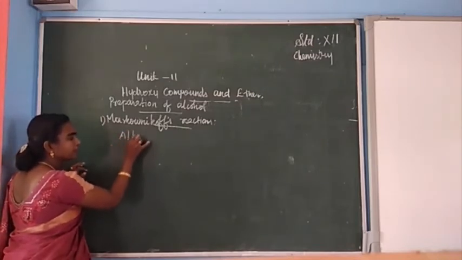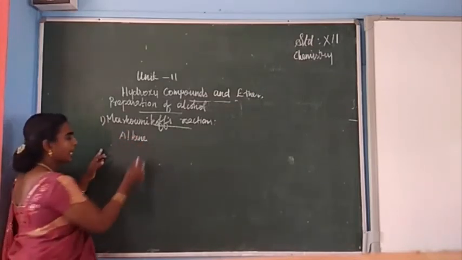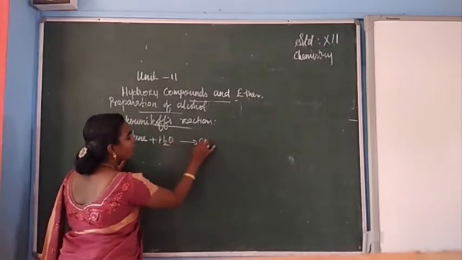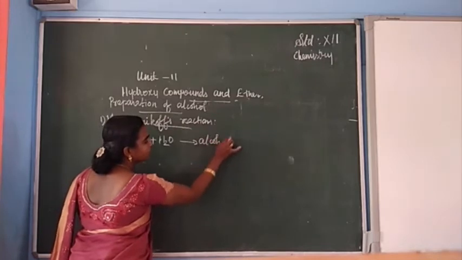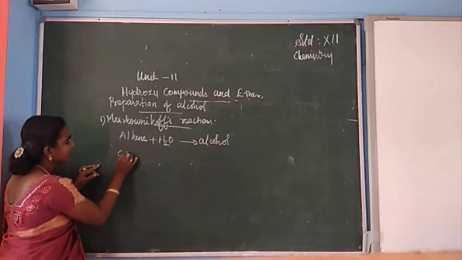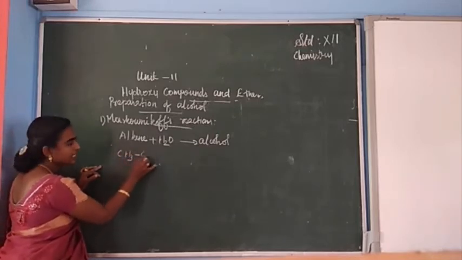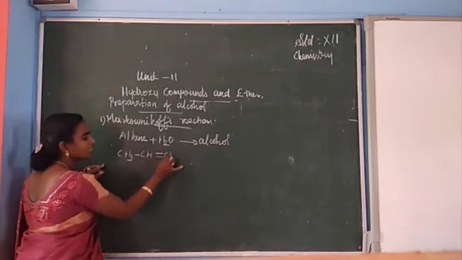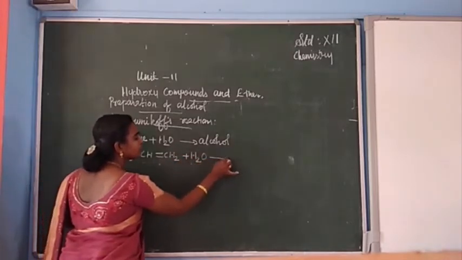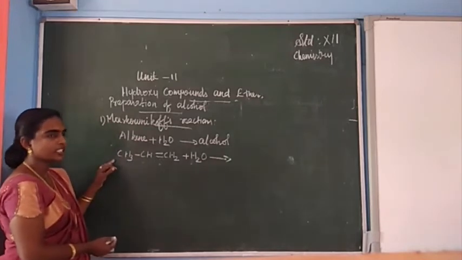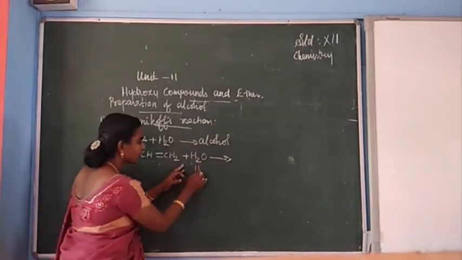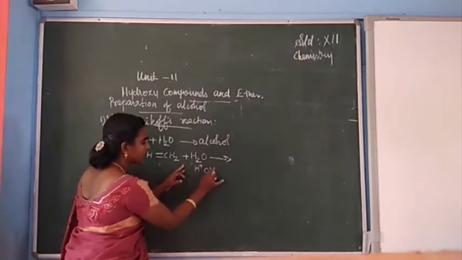Alkene adds with water, it forms alcohol. Reaction I will write. Consider CH3 CH double bond CH2 plus H2O. When you consider this compound, water can be in two parts, H plus and OH minus.